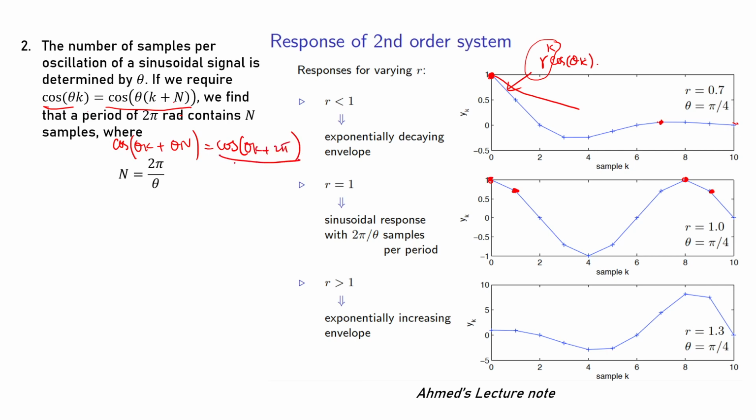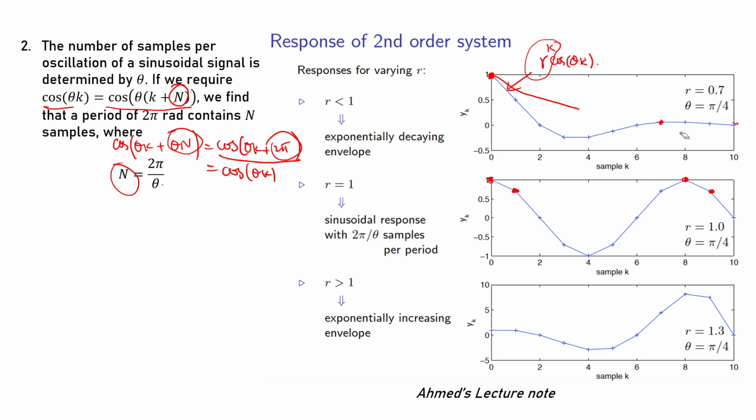Because if you have it like this, you still have it equal to cosine theta k. That's why we can set n times theta actually equal to 2 pi. So we have n equal to 2 pi over theta. From here we can easily calculate the number of n.